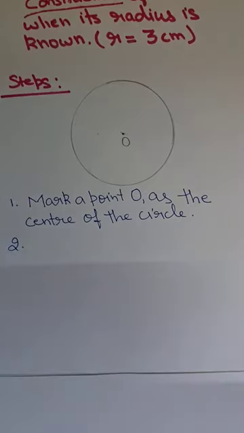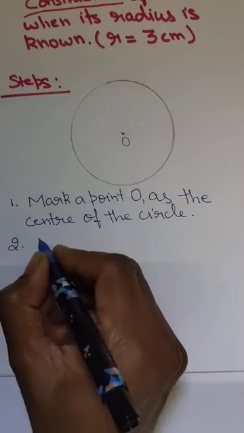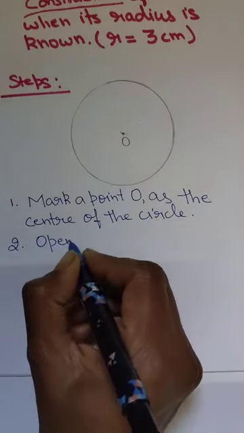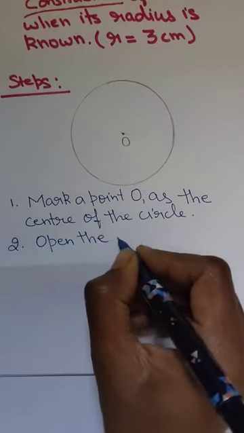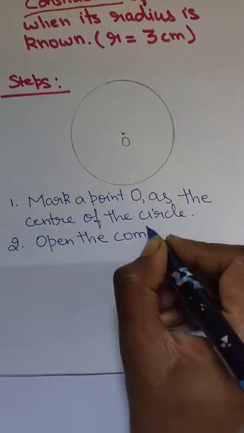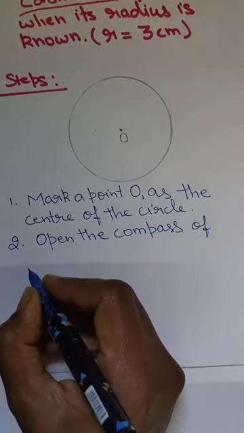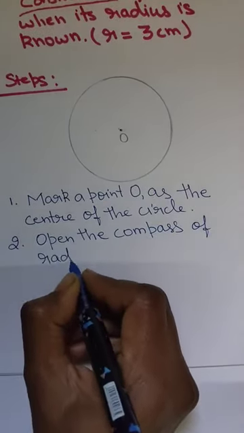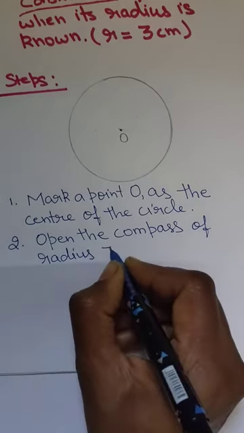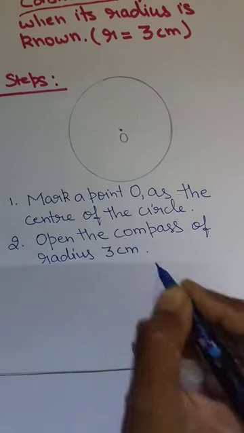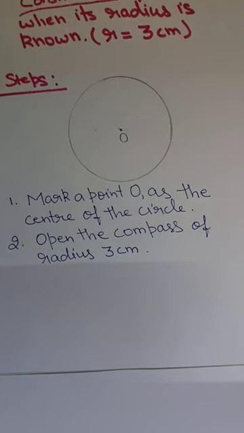What second step we have done? We have opened our compass of radius 3 centimeters. So same you will write down. Open the compass of radius 3 centimeter. This is the second step that you have done.